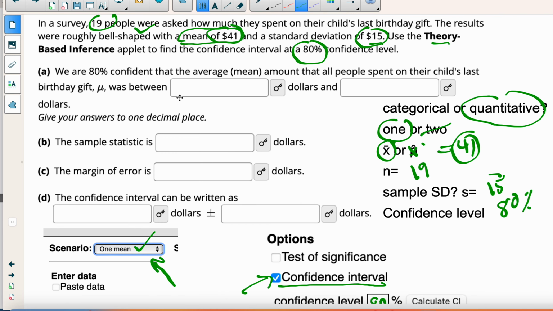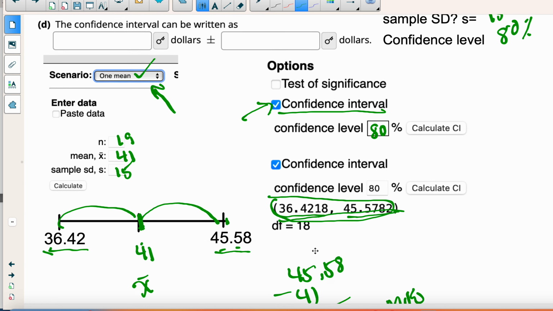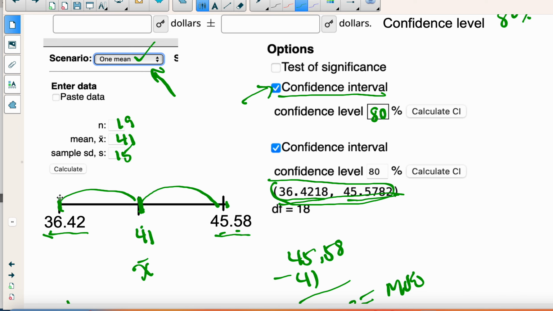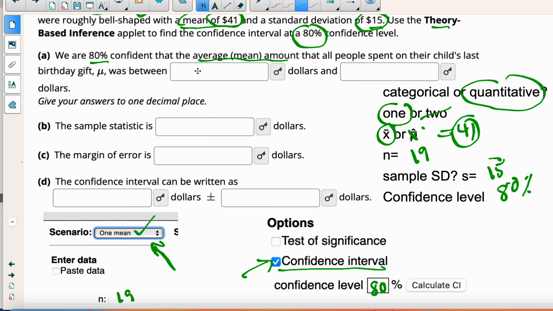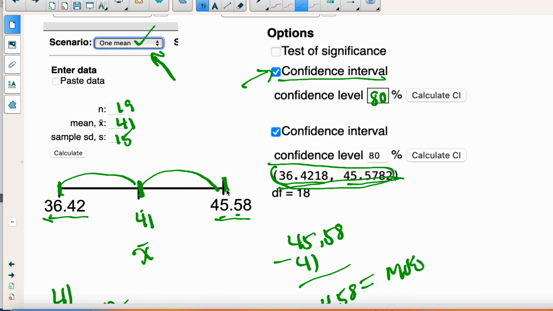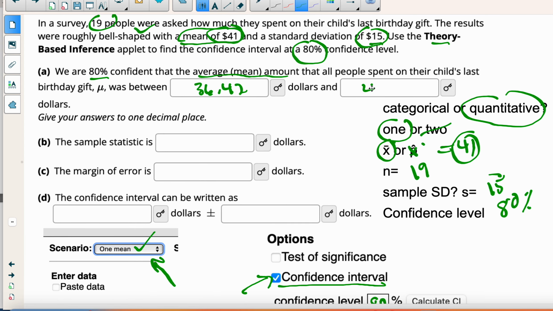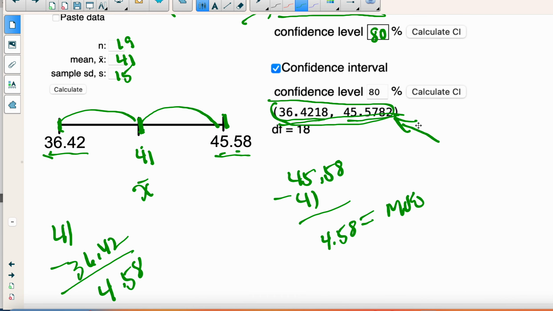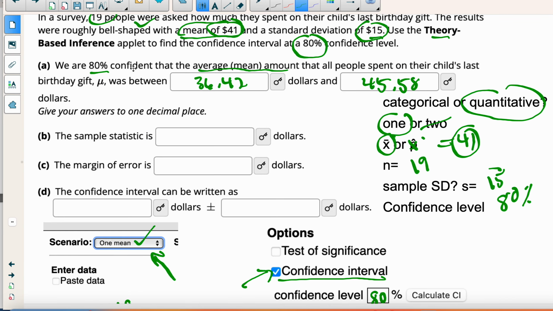All right, let's look at what it's asking. We are 80% confident that the average or mean amount that all people spend on their child's last birthday gift, mu, is between these two values, between $36.42 all the way up to $45.58. That's what the tool calculated, the range. I can be 80% confident that that's how much people spent.